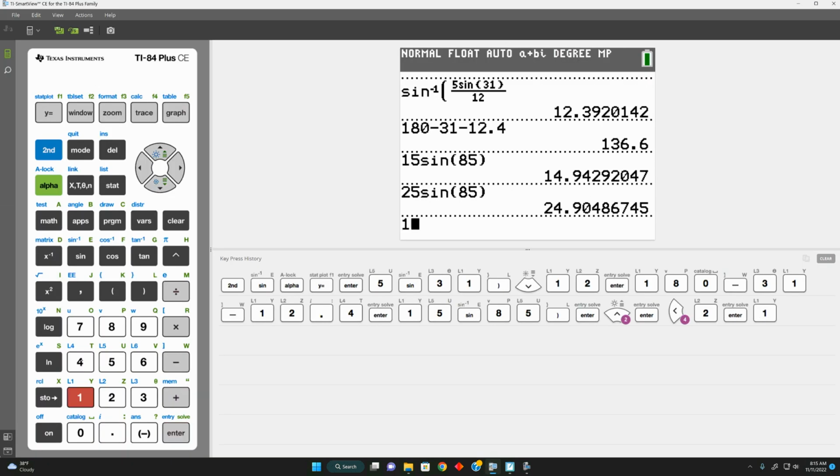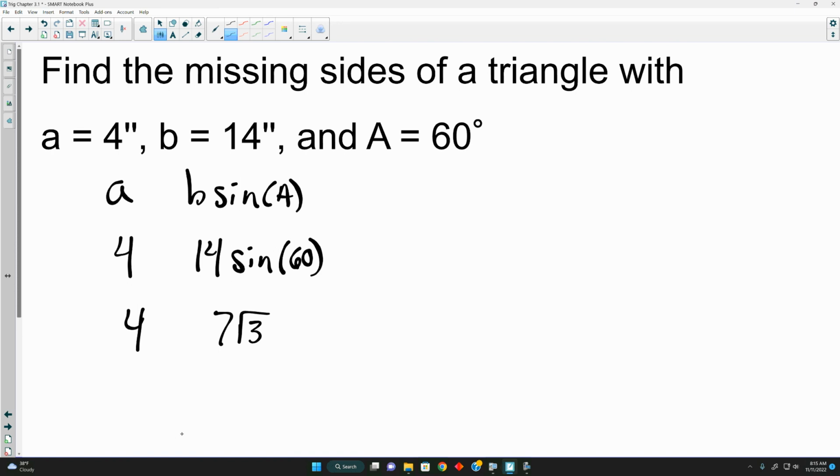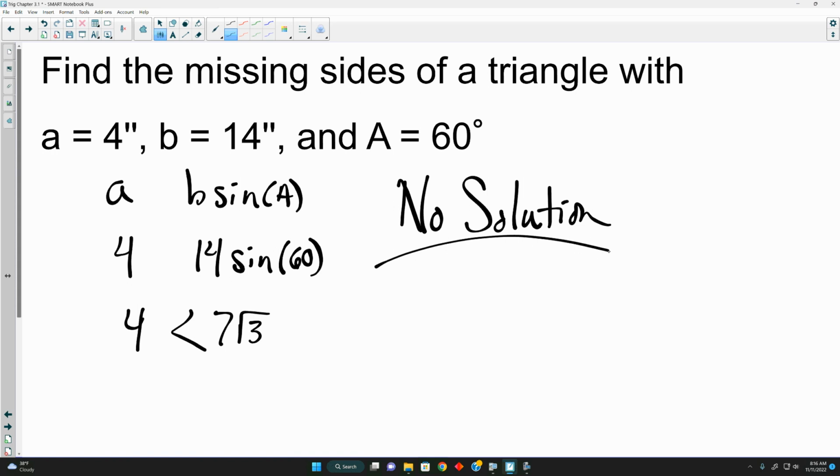But either way, we can definitely say that the B sine of A is bigger, so this is no solution.